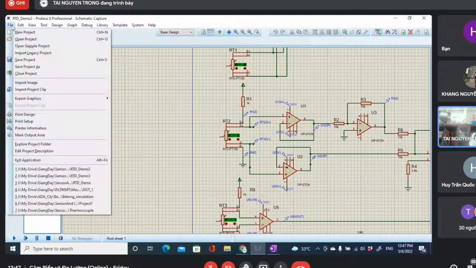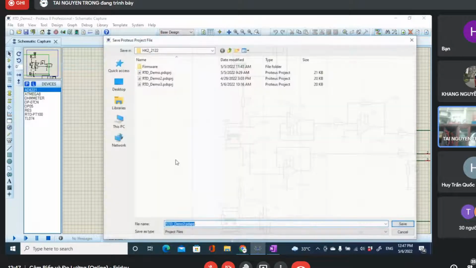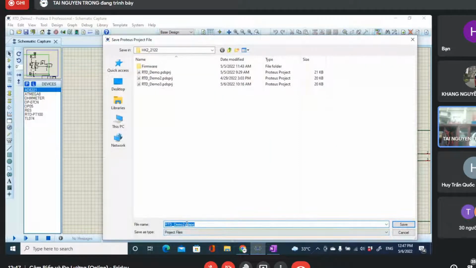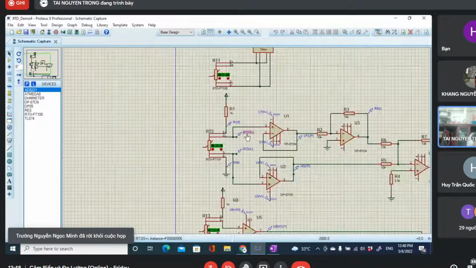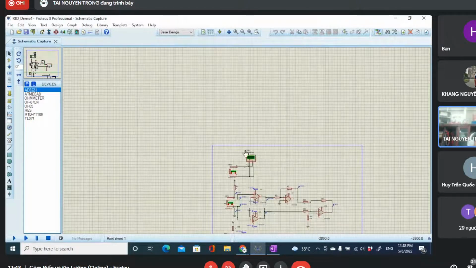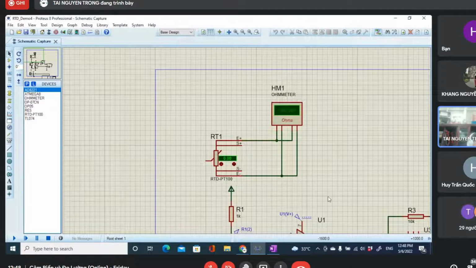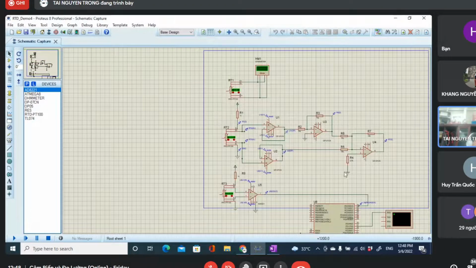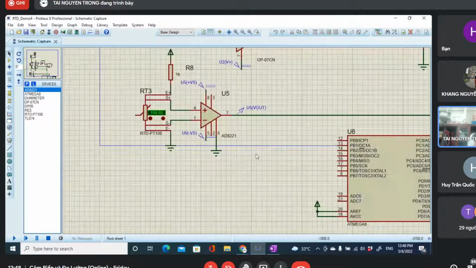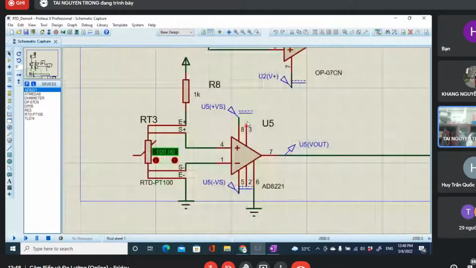Take a cell. We can test any circuit here.